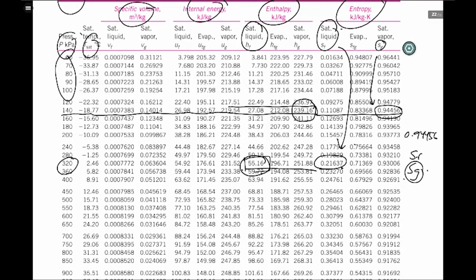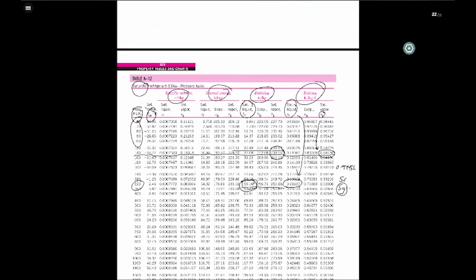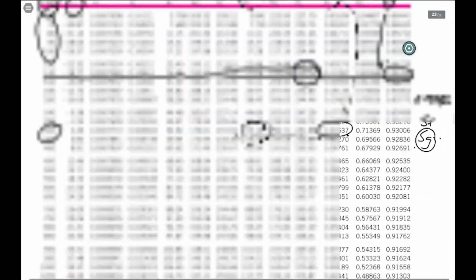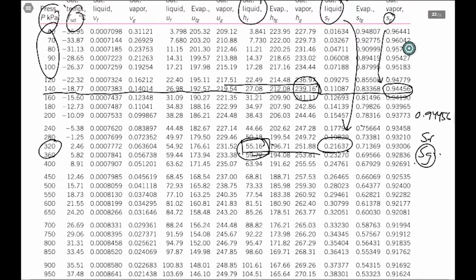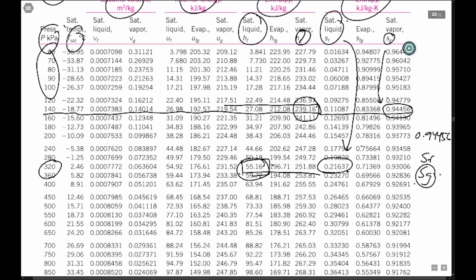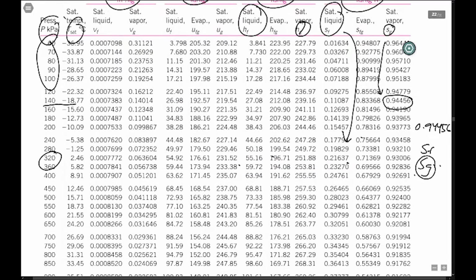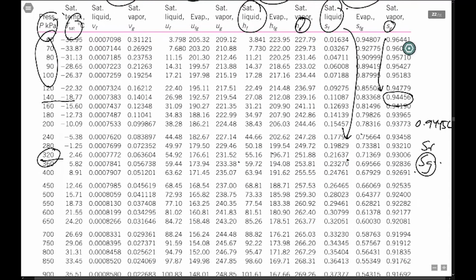Okay, saturated table, 320 kPa, and then find the Hg. So this is your Hg, right? Quite messy here, I'll erase all the unnecessary things. So 320 kPa, and then searching for Hg.